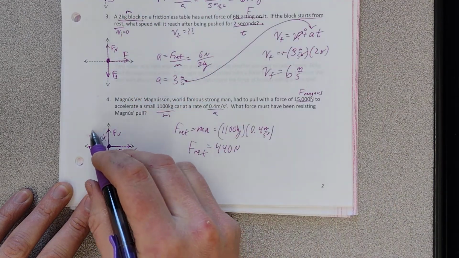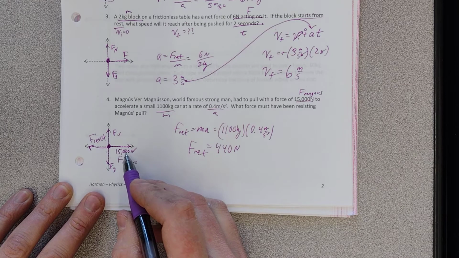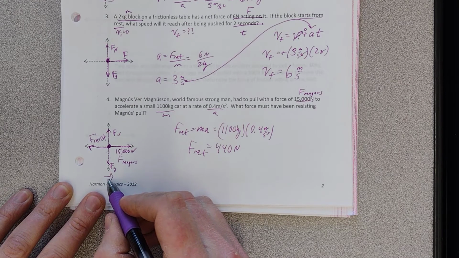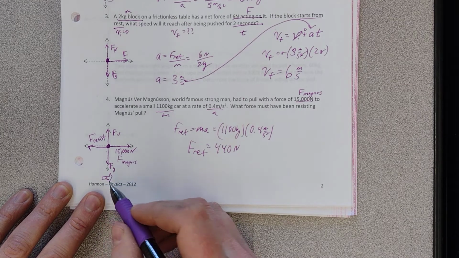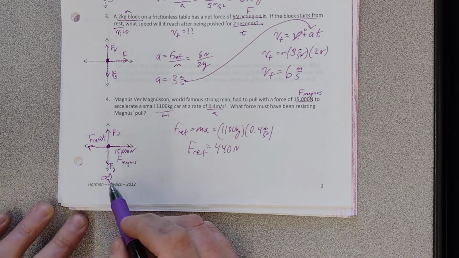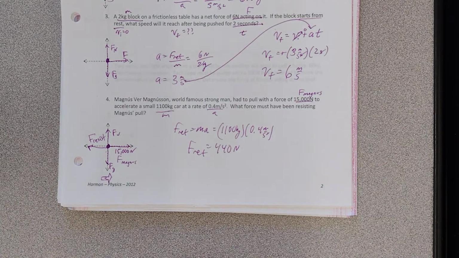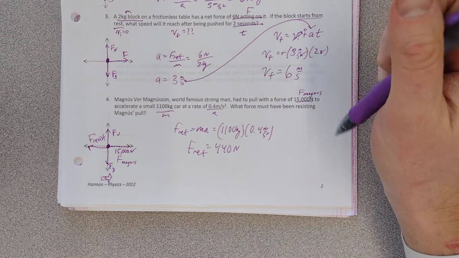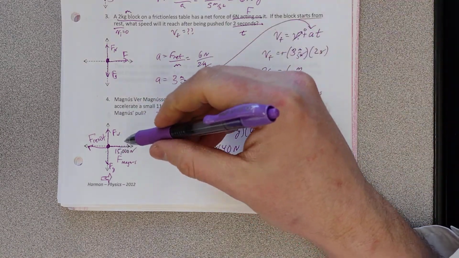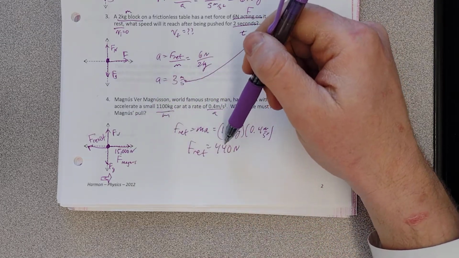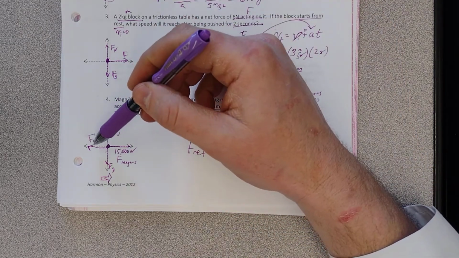This resistive force is smaller than the 1,500 newtons because we know it's accelerating. So I'm going to introduce this little arrow. When I draw this arrow, it's to represent the direction of the acceleration of the object. All right, so this object's accelerating to the right here. So the 1,500 newtons has to be 440 newtons bigger than whatever's resisting.